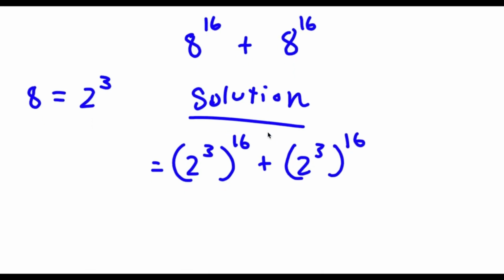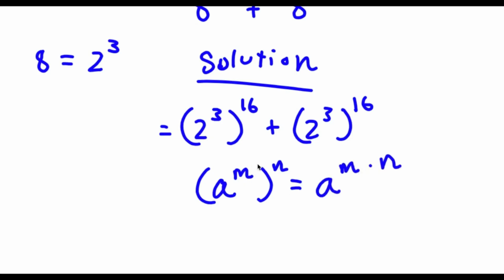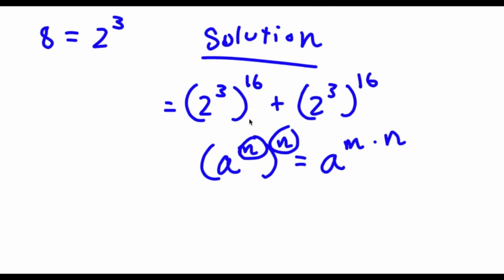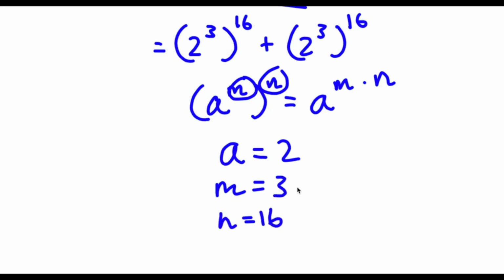Now, if I have something in the form a to the power of m to the power of n, this is the same thing as a to the power of m times n. So these two simply multiply. In this case, I have 2 to the power of 3 to the power of 16, so we can think of a as 2, m as 3, and n as 16.